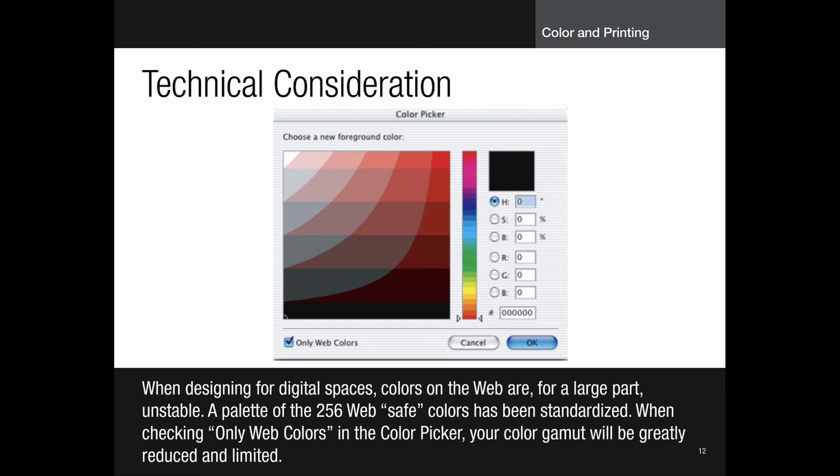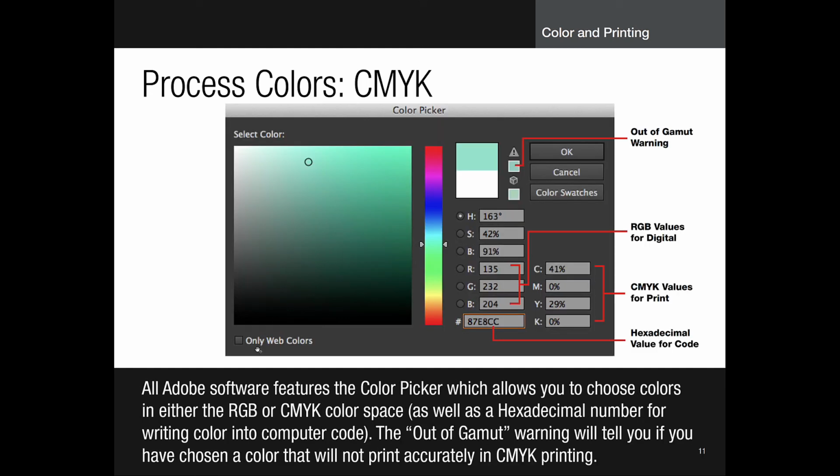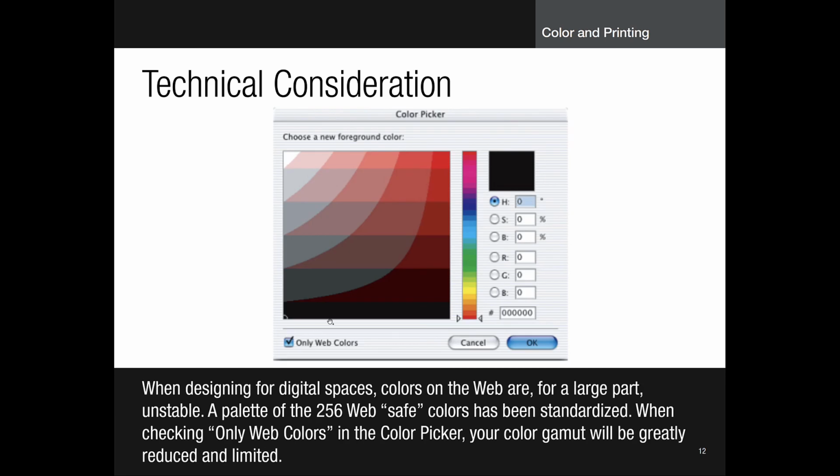If you are designing for the web, you'll notice on the color picker, there's a box down here that says only web colors. When you check that, this is what's going to come up. There are only 256 colors that will absolutely be guaranteed to appear the same on all devices. And the way they have that limitation is by limiting the number of colors.